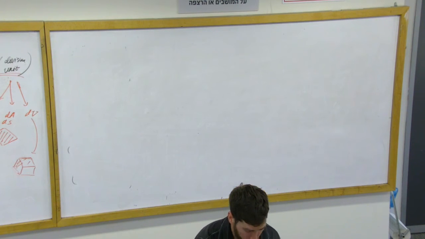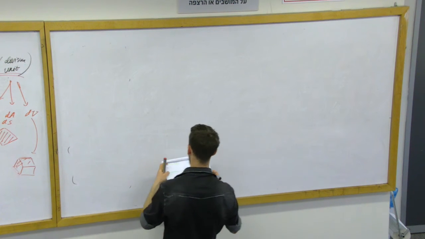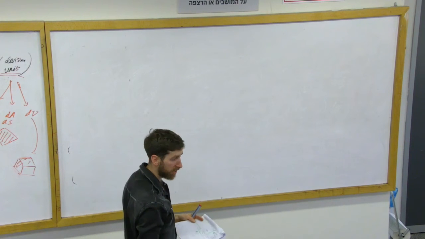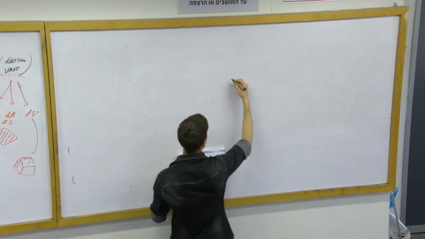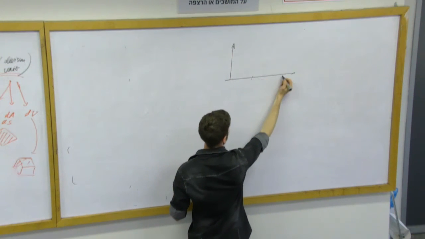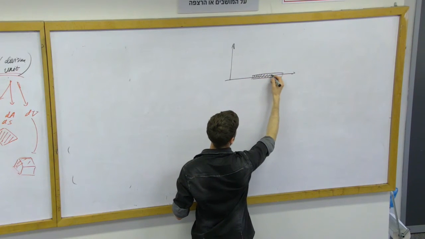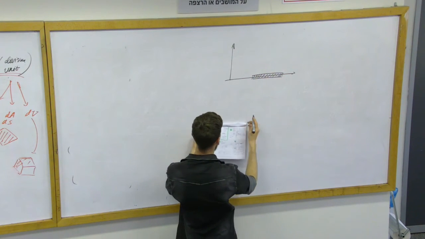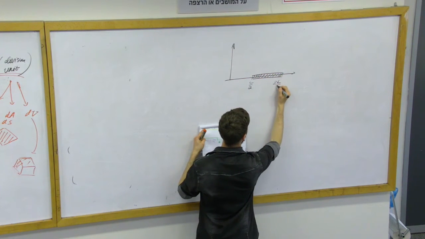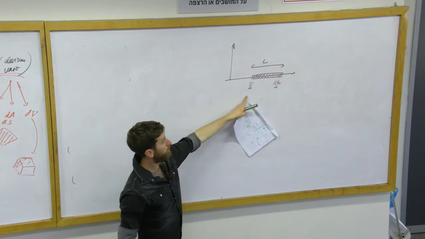The next question is going to be about superposition. I'm going to deal with charge right now, and forces, and the stuff in the class. So I have this system and a rope. The rope starts at L over 2 and ends at 3L over 2, and the total length of this is L. You see?